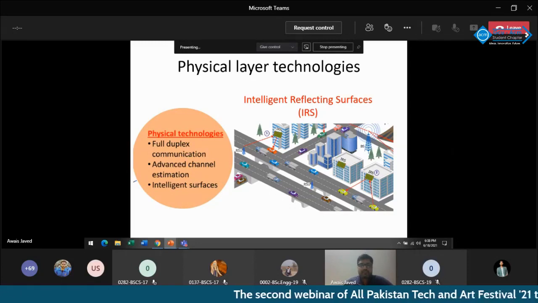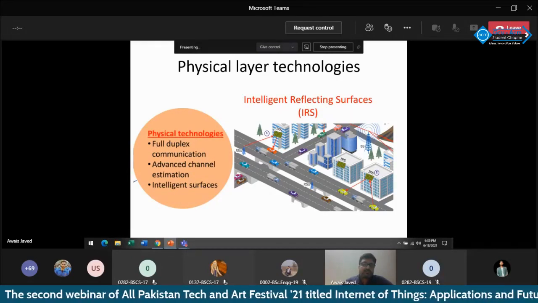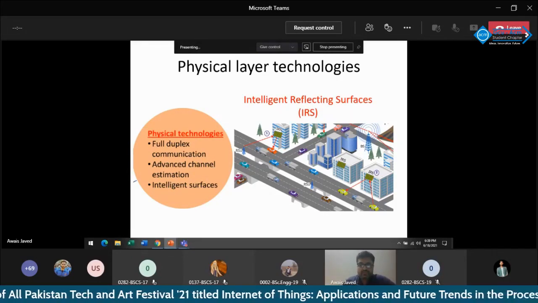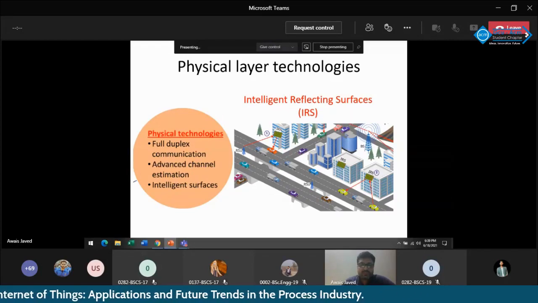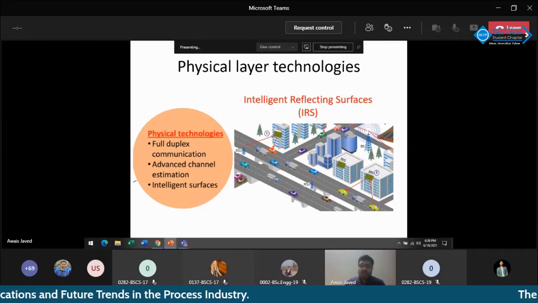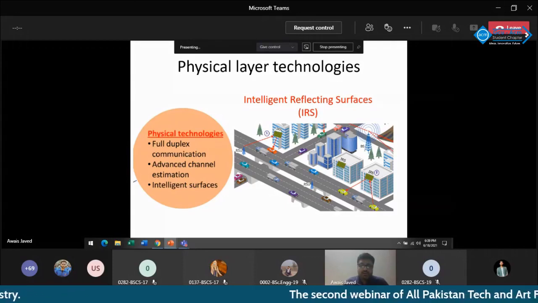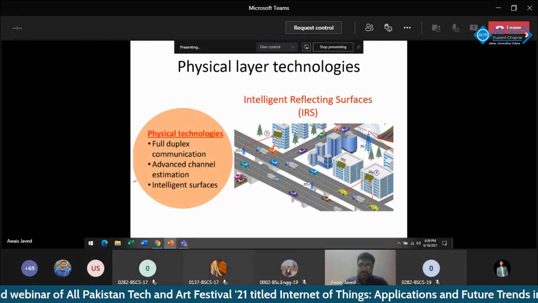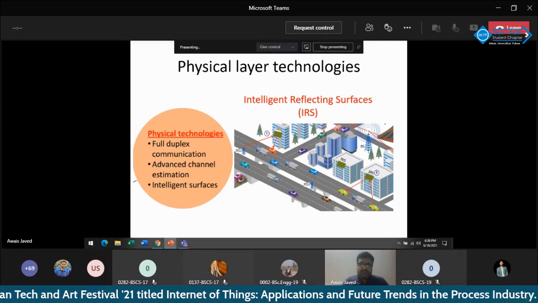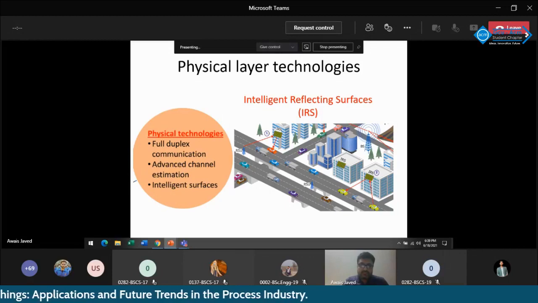They can provide line of sight communication. The incoming signal is reflected with a certain phase and magnitude towards the receiver, and as a result, you can overcome these blockages in a wireless system. These small passive elements can be installed at different locations, for example along the road or even inside the buildings. As a result, they can provide enhanced connectivity. So advanced physical layer technologies will be a key part of future 6G communication.